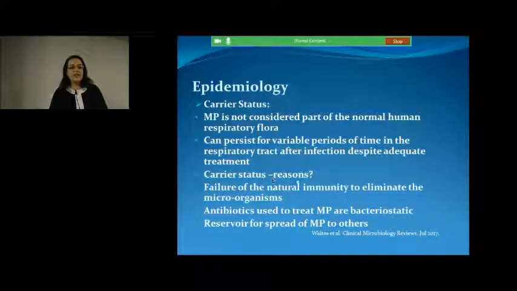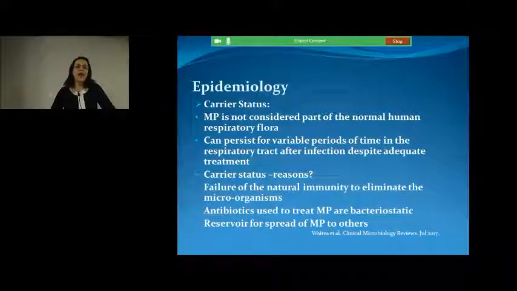So the carrier status is thought to be maybe secondary to a failure of the natural immunity to eliminate the microorganism completely, or maybe because the antibiotics used to treat Mycoplasma pneumoniae are bacteriostatic instead of bactericidal, so they don't kill all the microorganisms. The carrier status works as a reservoir for spread of Mycoplasma pneumoniae to others.